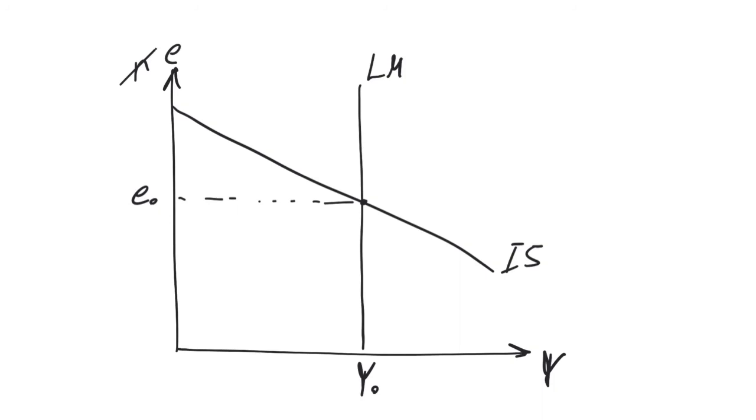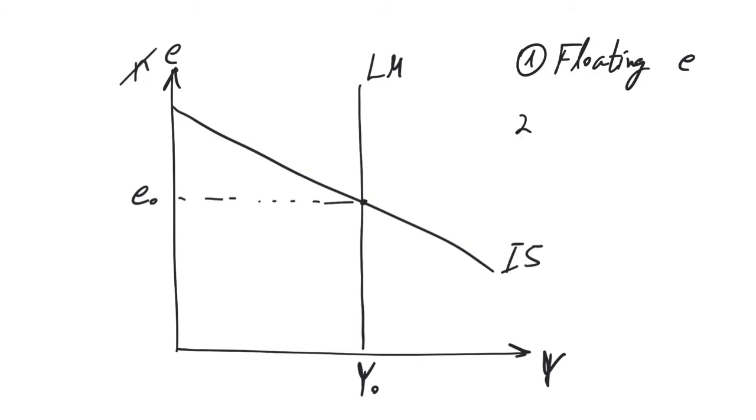And now we have two options of how to deal with such a world. We can choose between two options for policy. One is we can choose a floating exchange rate. In this framework, we can run our fiscal policy, monetary policy, and not care about the exchange rate. The exchange rate will be just a result of whatever policy we decide to pursue.